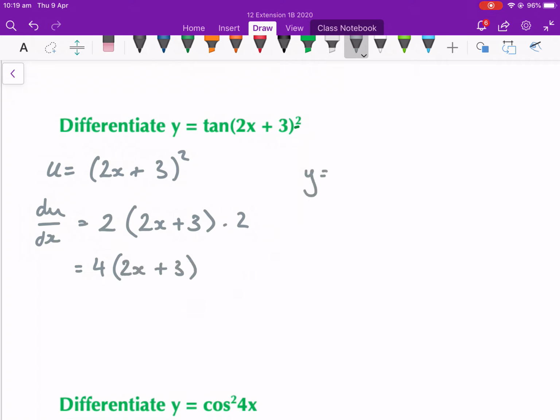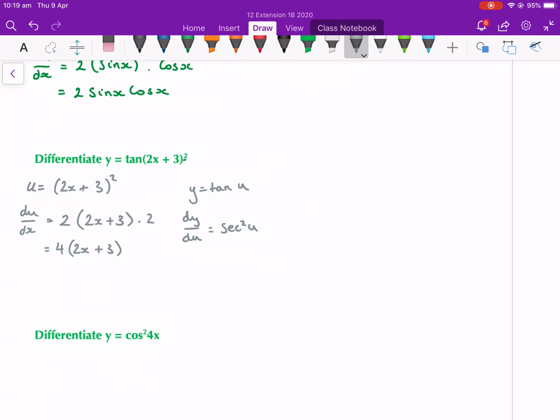That means that y is equal to tan u, and dy on du is equal to sec squared u. And then using the chain rule, if we bring all this together, we end up with dy on dx equals du on dx times by dy on du, which is 4 lots of 2x plus 3 times by sec squared u.